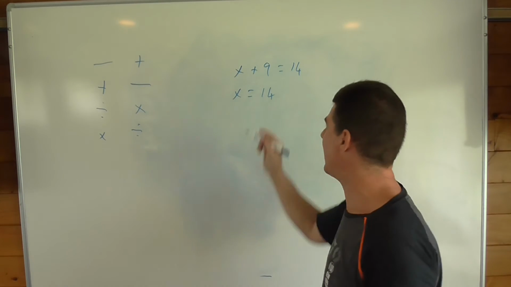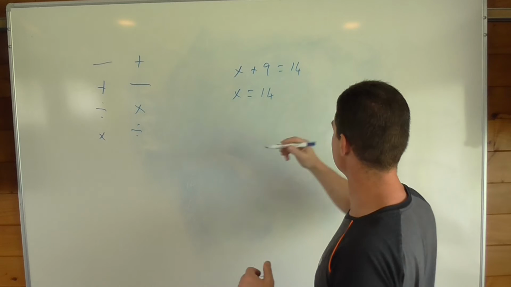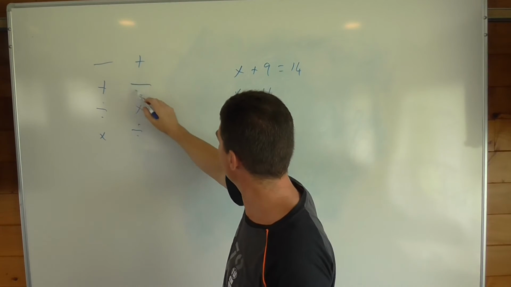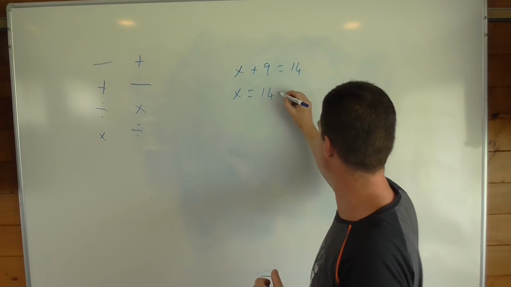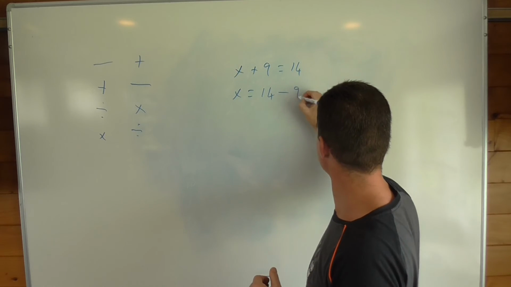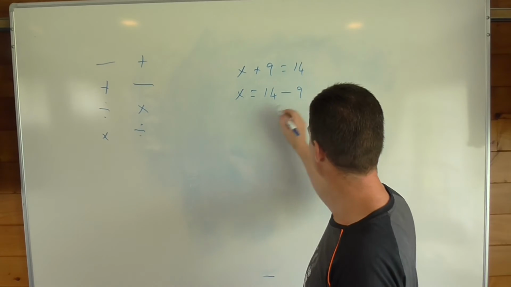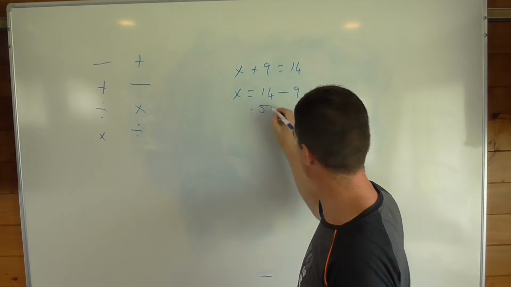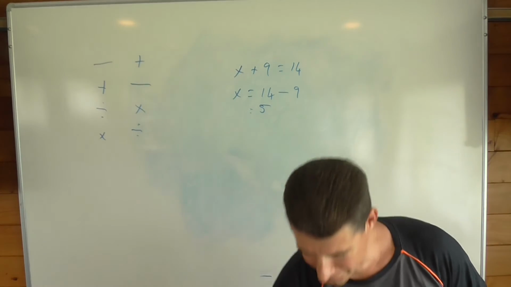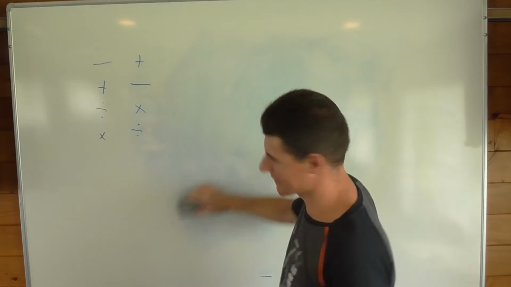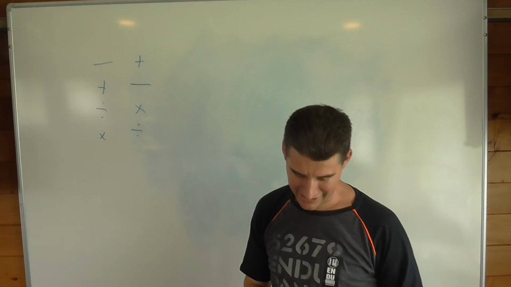And what did we say happens once we go to the other side? This becomes its opposite, which is a negative, minus 9. So then x equals 14 minus 9, which equals 5. All right. I'm having fun with this. I love these things. Let's look at the other one.